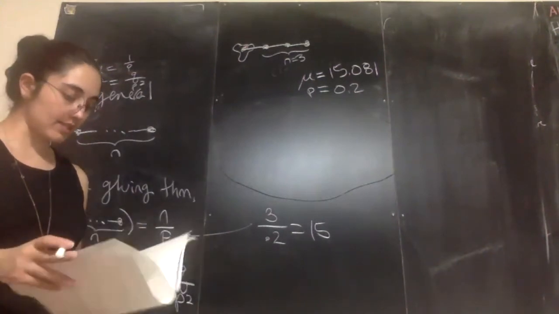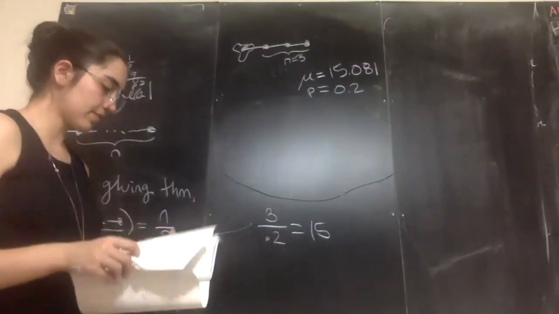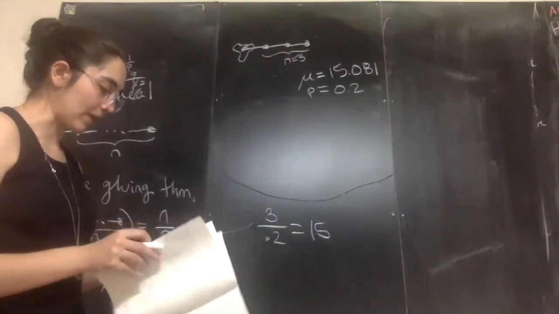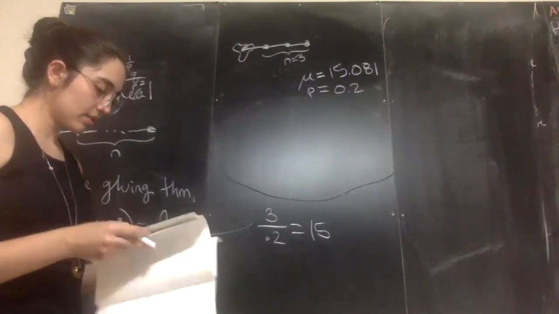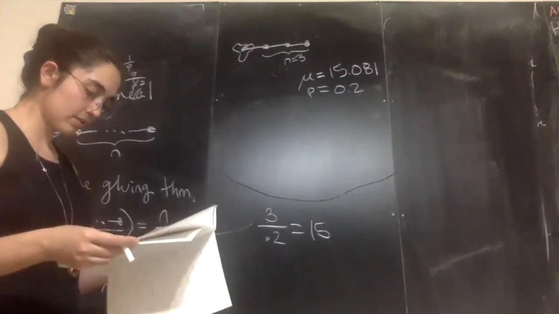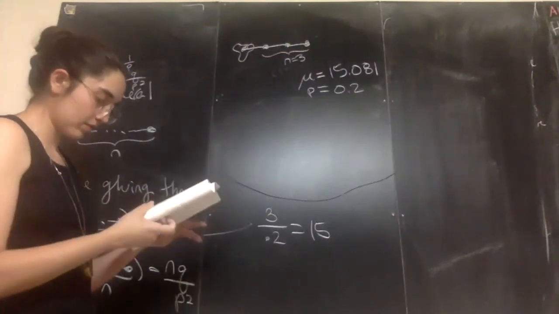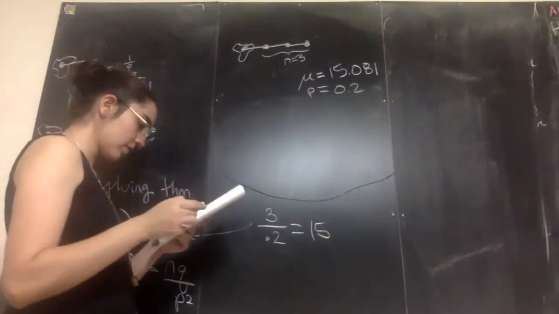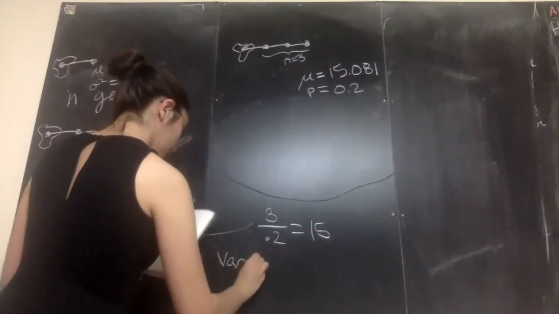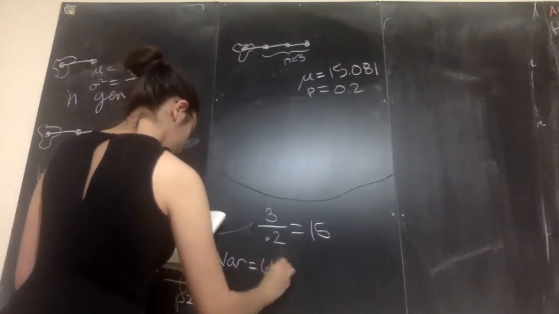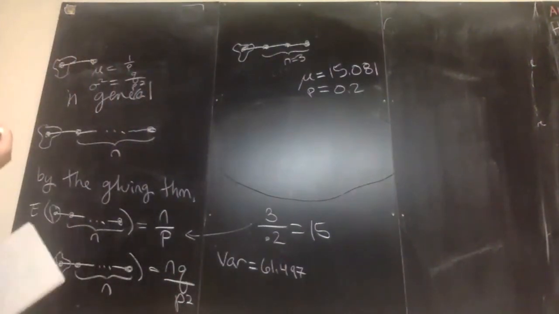And we also got that our variance for this graph was 61.497.